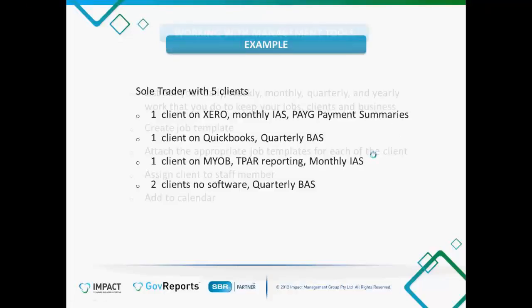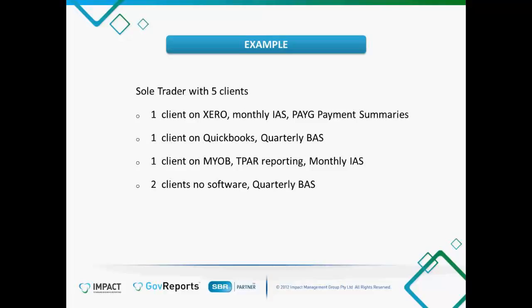Let's say that I'm a brand new sole trader bookkeeper, and I have 5 clients. One client on Xero with the monthly IAS and PAYG payment summary, one client on QuickBooks with quarterly BAS, and one client on MYOB with taxable payment annual report and the IAS, and 2 clients without software, but they do a large quarterly BAS.